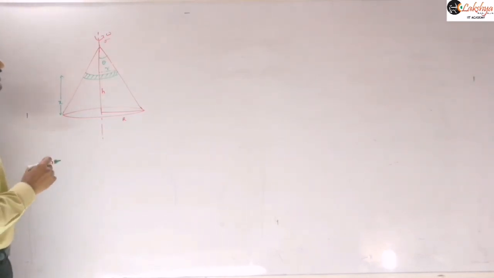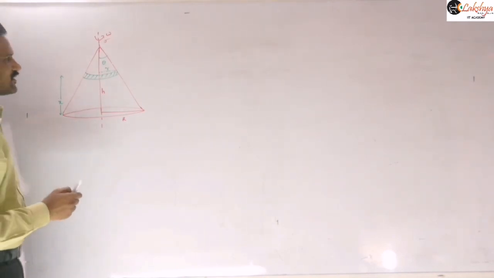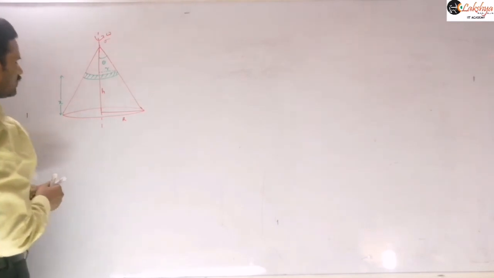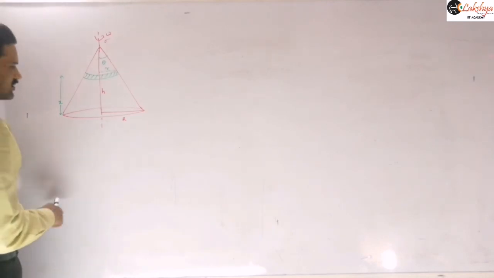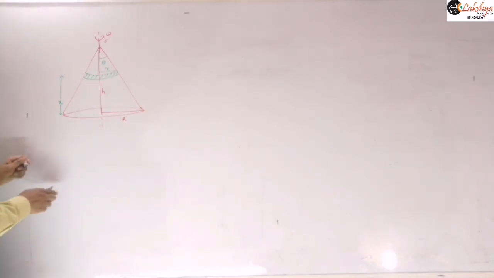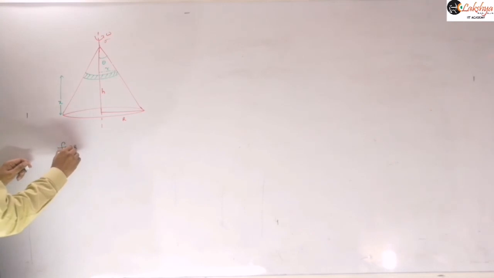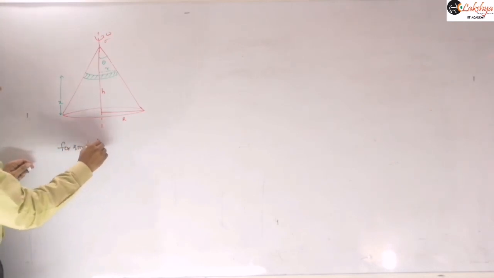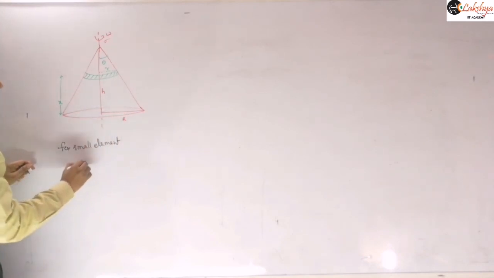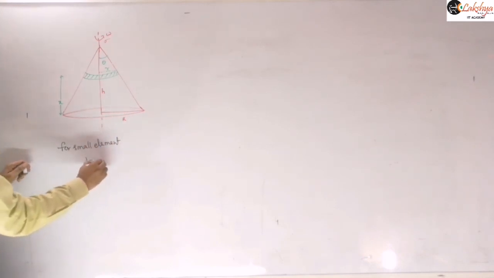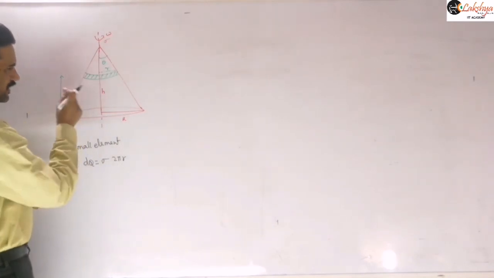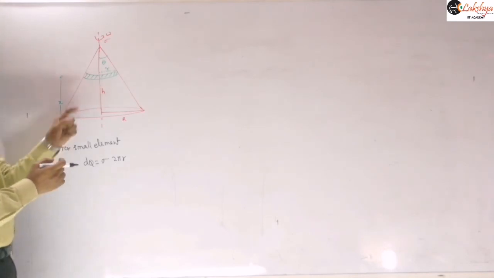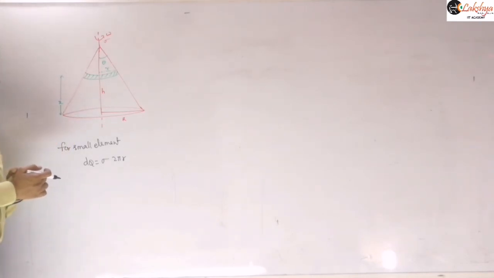And so now let us write the charge present on this element here. Surface charge density is given for us. So for a small element, dq is equal to sigma into 2 pi r. 2 pi r will give us a circumference, and then this width we need to write here, the width of that element.